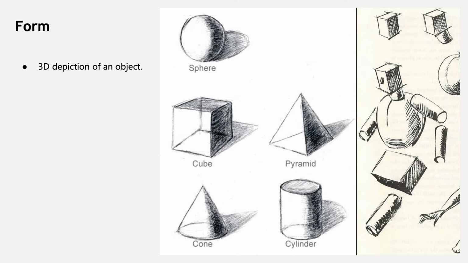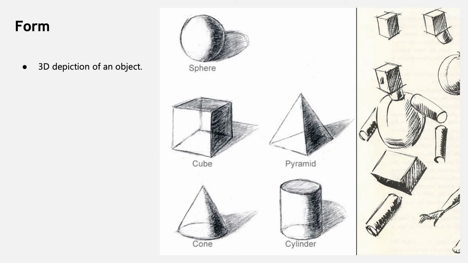So we can do this with a 2D utensil such as a pencil or paint, but it can also be and is probably better described through a physical, a more 3D material such as clay.